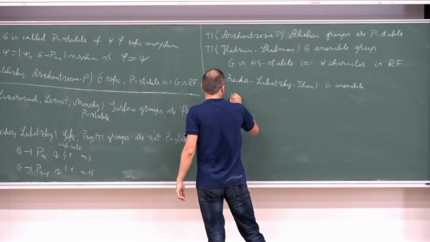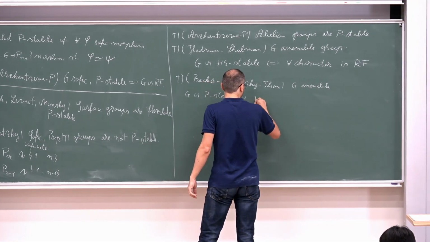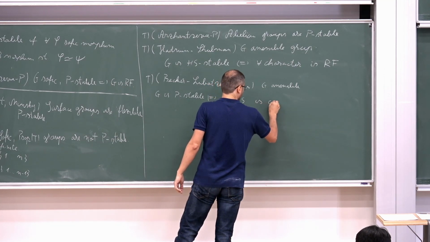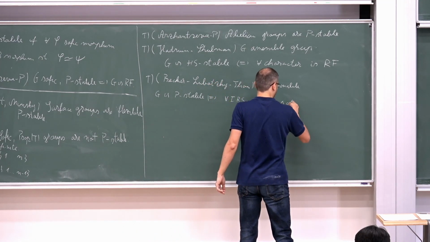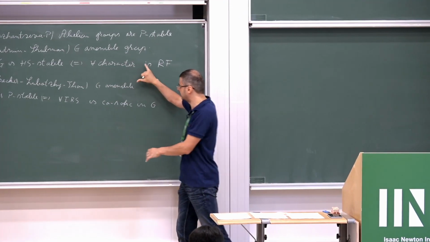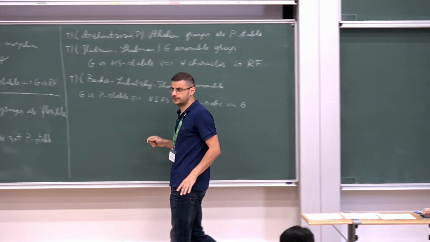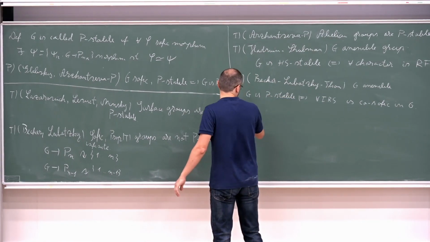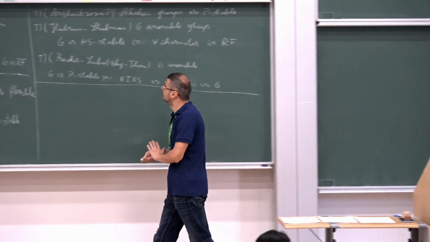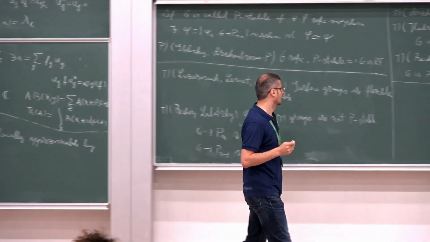G is P-stable if and only if any invariant random subgroup is cosofic in G. The way I see these two definitions, we'll talk more about this, they are generalizations of residual finiteness. They are residual finiteness on steroids in a way. So how do you prove these theorems? Well, it's by means of conjugacy.